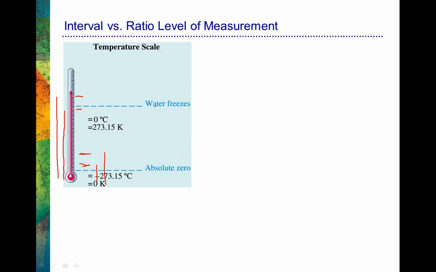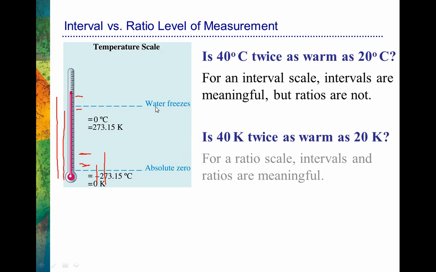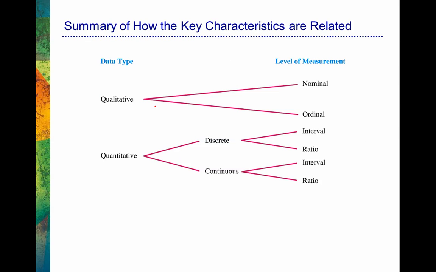All right, well, it's pretty important that we understand the type of data we have so that we can easily determine the appropriate type of analysis that we need to do. This pretty much just walks us through what I just said. All right, this chart right here just summarizes how everything fits together in that our data can be qualitative or quantitative.